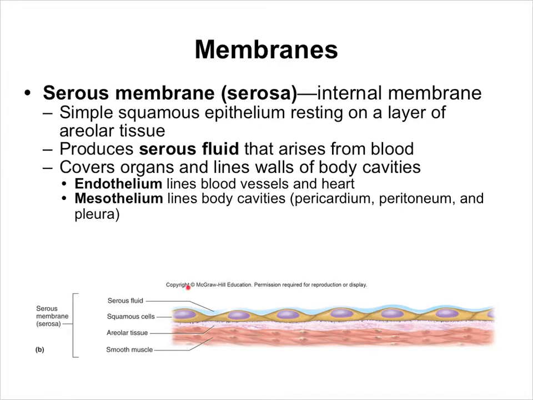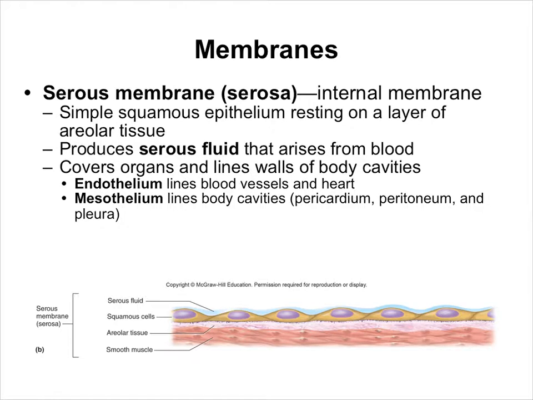So it excretes and secretes fluid into this cavity area. And you may or may not have smooth muscle on the outside. It depends on the nature of the serous membrane. The serous membrane lines most body cavities.